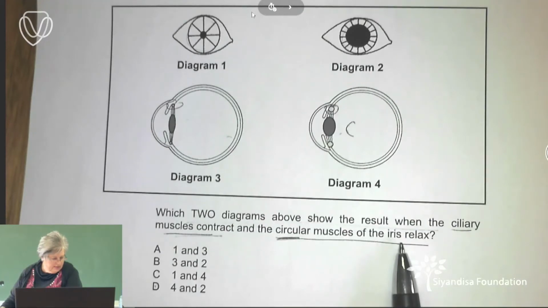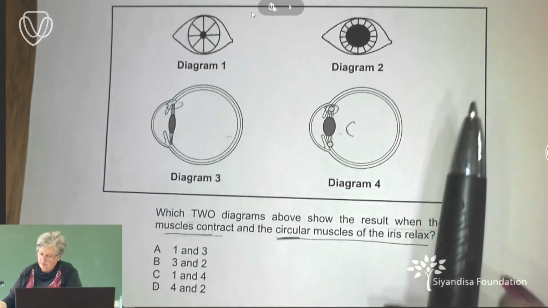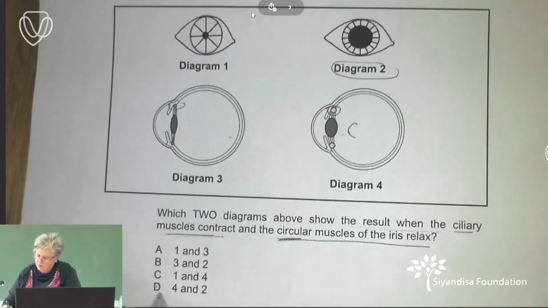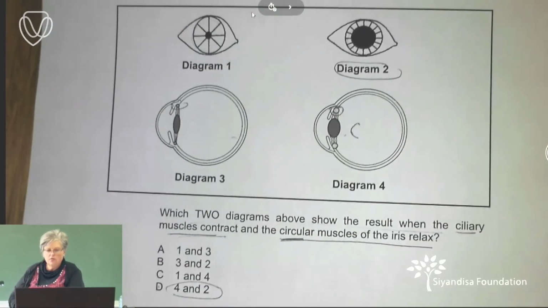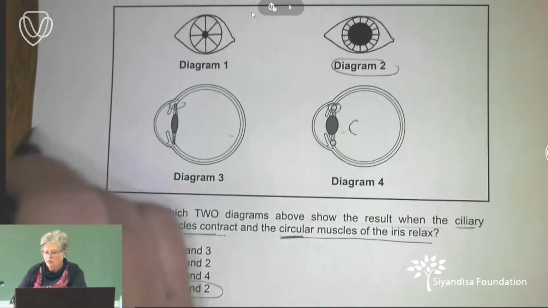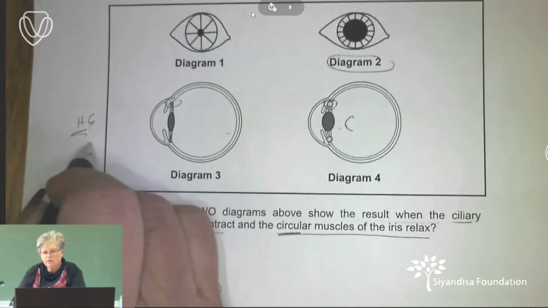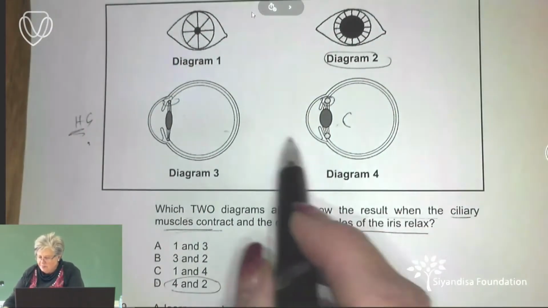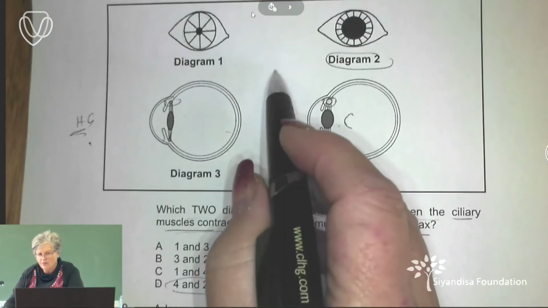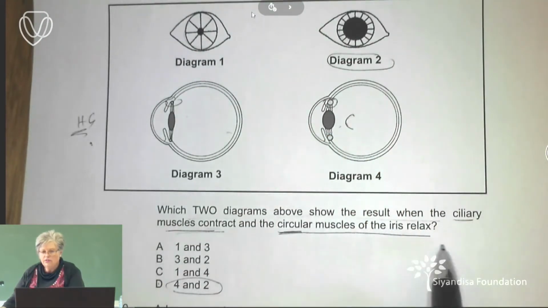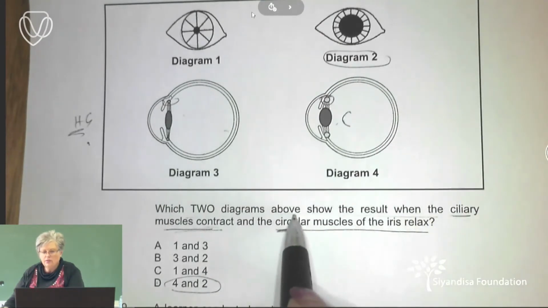The ciliary muscles relaxed. Where are the ciliary muscles relaxed? It's when the light is dim. So it's diagram 2. So what is the answer? The answer will be 4 and 2. So it's very important. Here, it's a high cognitive, very difficult question, because they give you different processes in one question, and they ask you to work out which one contracts and which one relaxes.